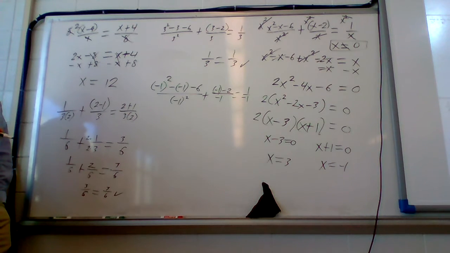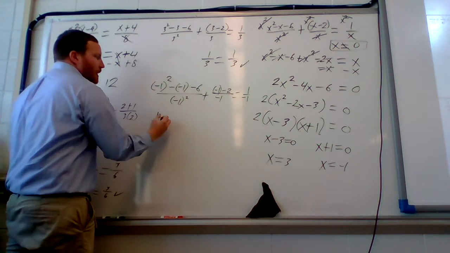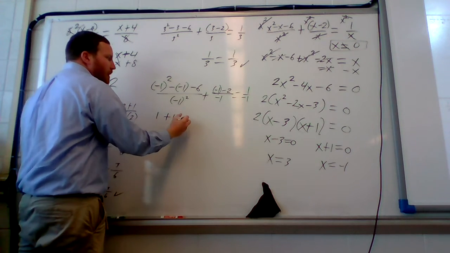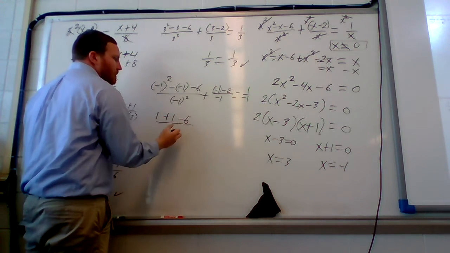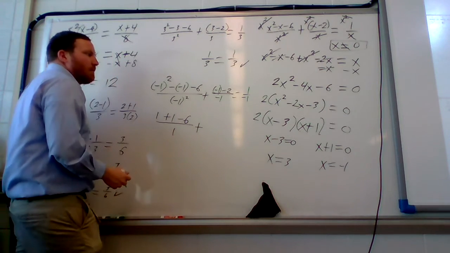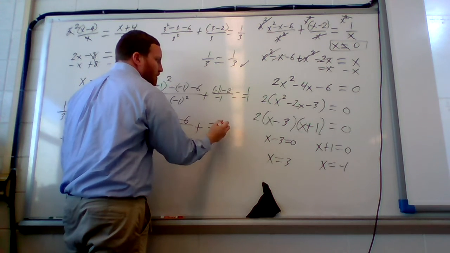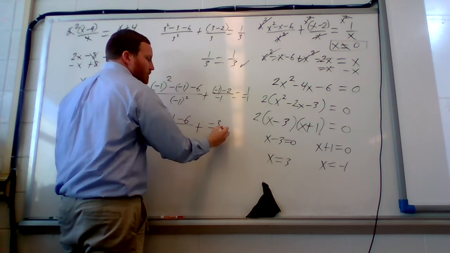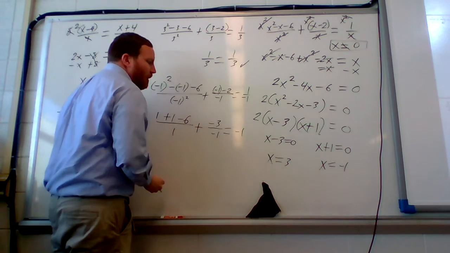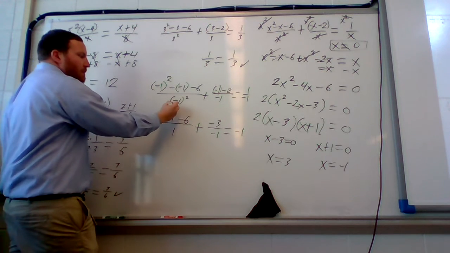So plug this one in. Negative 1 squared gets you 1. Minus negative 1 is going to become a plus 1. Minus 6. Negative 1 squared again is 1. Plus negative 1 minus 2 gets you negative 3, over negative 1, and 1 divided by negative 1 gives you negative 1. 1 plus 1 would be 2.